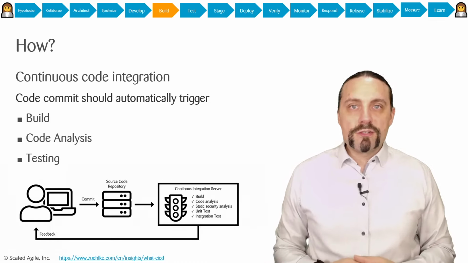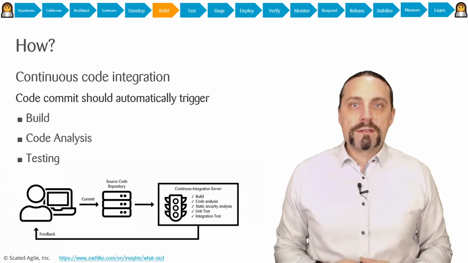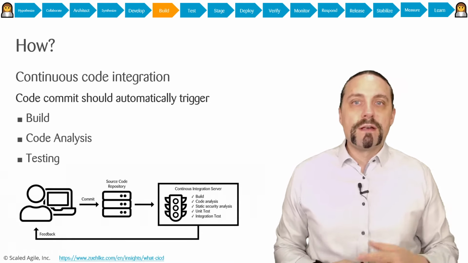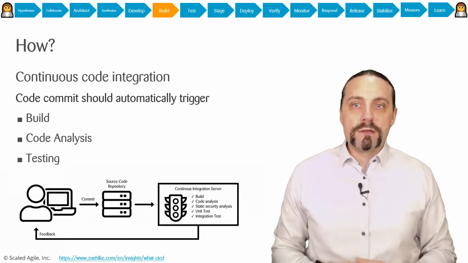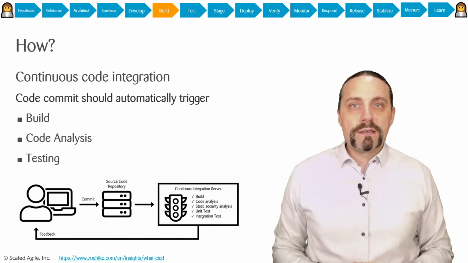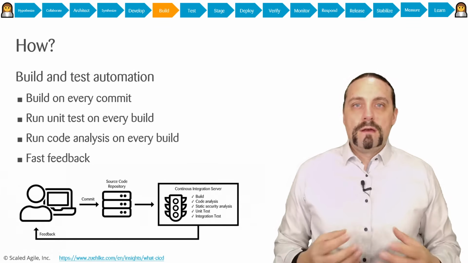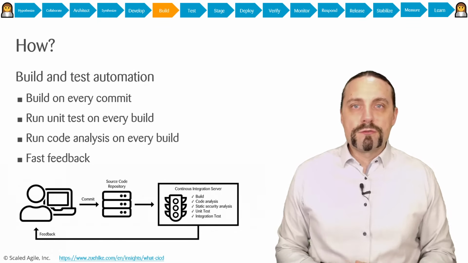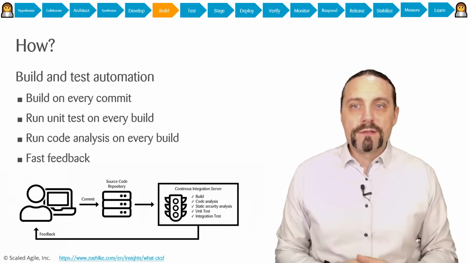This reintegration of the code with the rest of the code should always trigger a build, should trigger the code analysis, and also the testing. This is done by a continuous integration server. Every commit to the version control should trigger a build.